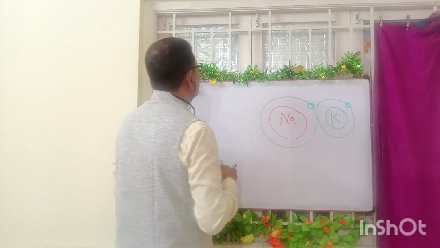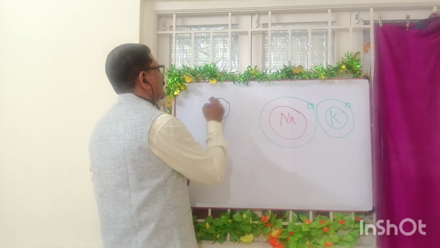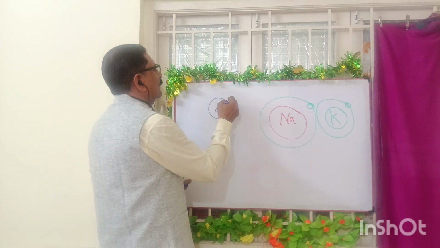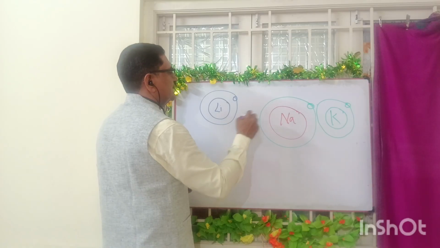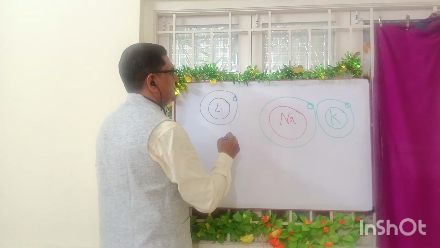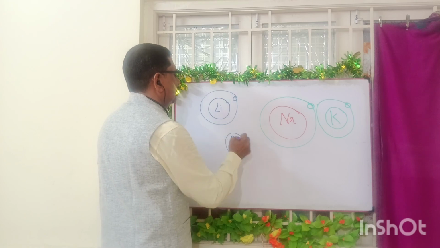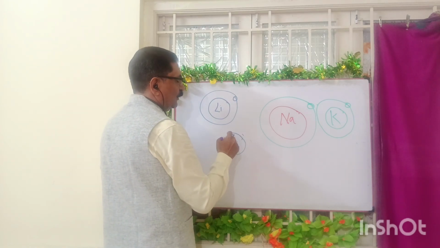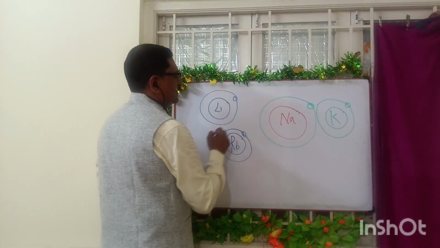Lithium: this represents the nucleus and the inner orbits. Outside, 1. Lithium, sodium, potassium. If you need rubidium also, you can write like this. Rubidium has many orbits inside. The inner orbits are there, but we only need to take the outermost.